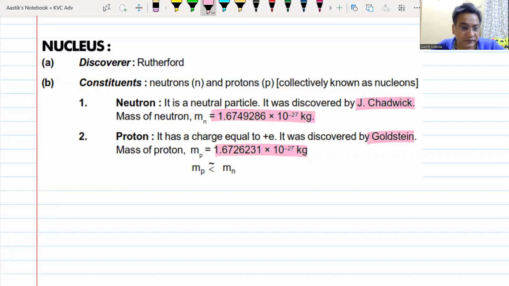Yes or no? Yes, sir. The mass of a proton is very slightly less than the mass of a neutron. Otherwise, their masses are exactly equal. Neutrons and protons together are known as nucleons. Do we know this? Yes, sir.